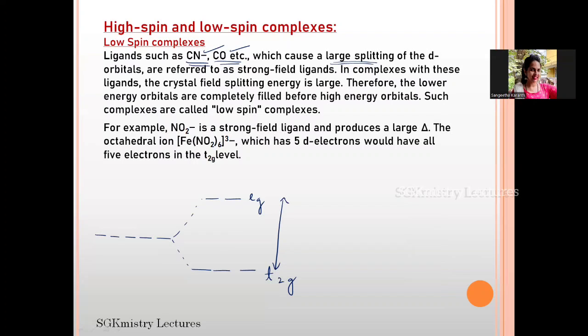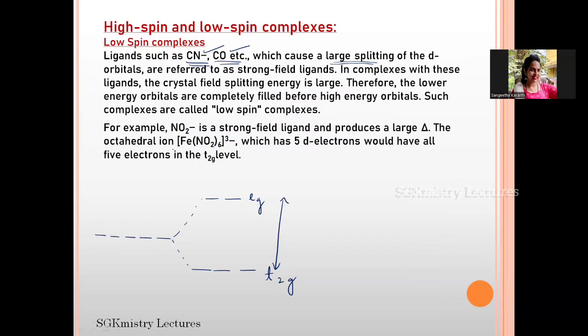Now let us talk about how the electrons will be filled. If the delta value is very large, what happens? The fourth electron, instead of going to the higher energy, will undergo pairing because the gap is very high. So it will not go to the higher energy level. Instead, the fourth electron will pair up.